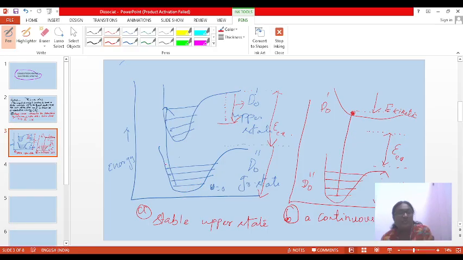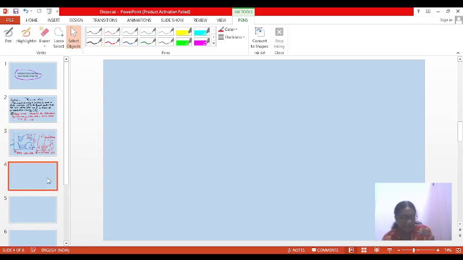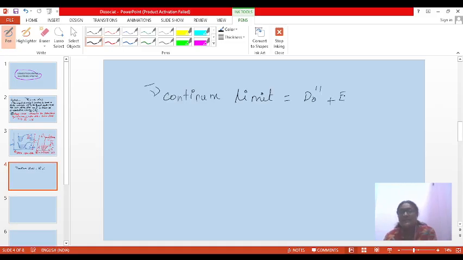Now we are going to explain the equations for graph A and graph B. From this graph we obtain a point: the nu bar continuum limit is D0 double prime, the ground state, plus E excitation, in cm inverse.